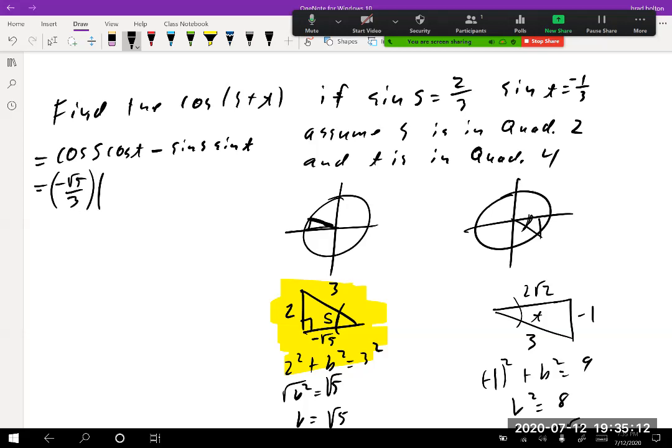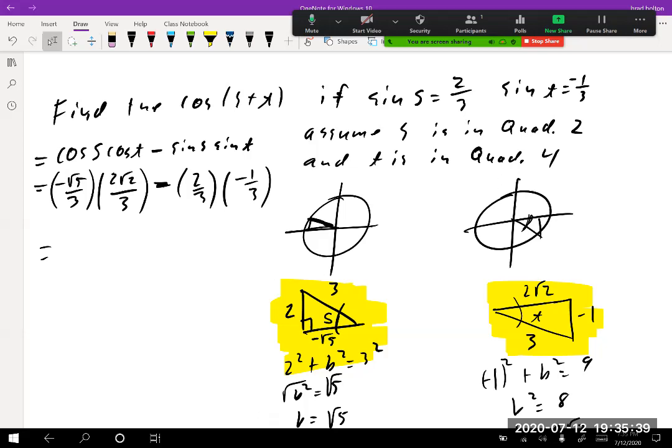The cosine of T, now I'm looking at this one over here, would be 2 square roots of 2 over 3. And then we have to do minus sine of S, which they already told us was 2/3, and sine of T, which they already told us was negative 1/3.